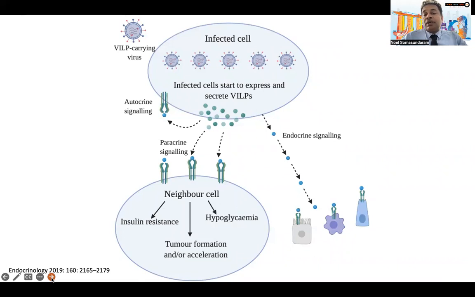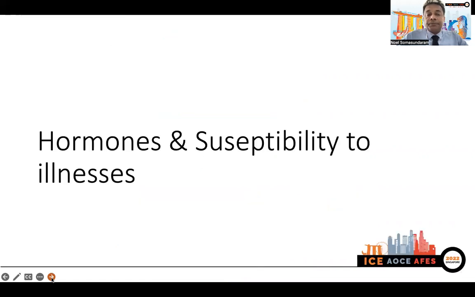If it is the pancreas, it can lead to insulin resistance, hypoglycemia, or even tumor formation as a potential mechanism. And that paper in Endocrinology 2019 has been summarized in this cartoon by me.